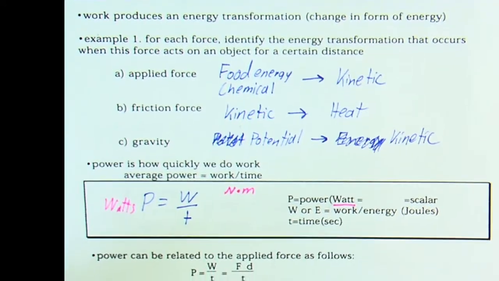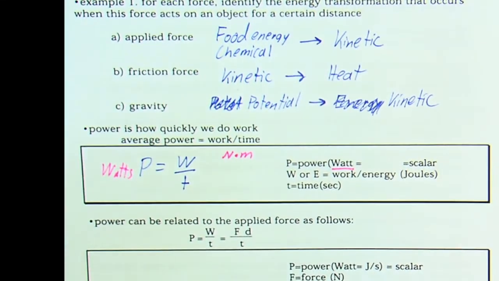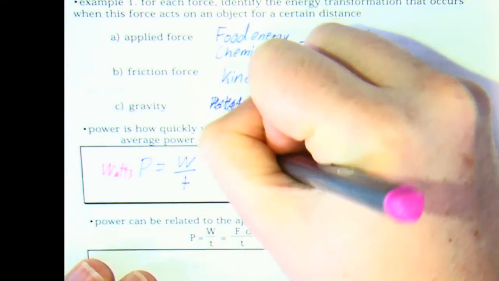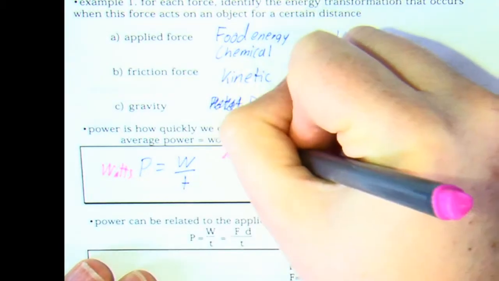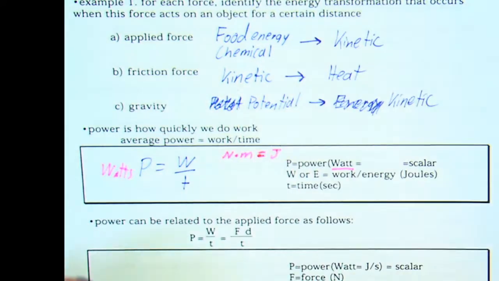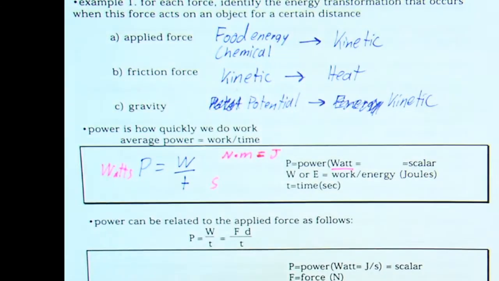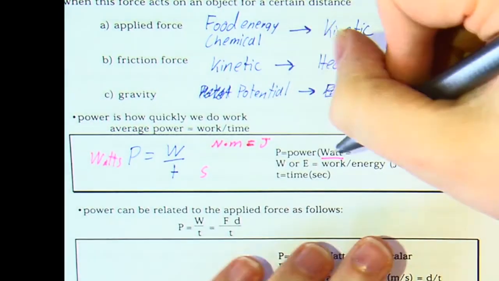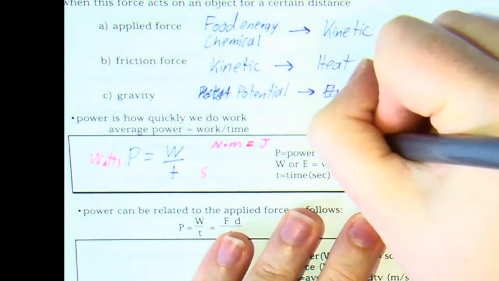So the units for work are going to be given to us as newton meters, or as joules. And time is always given to us in seconds. So this idea of the watt is that watts are joules per second.